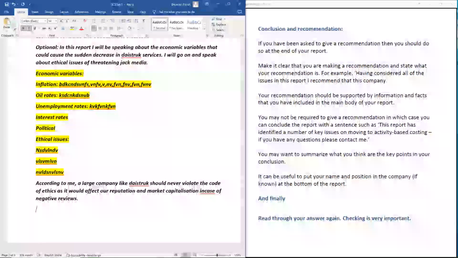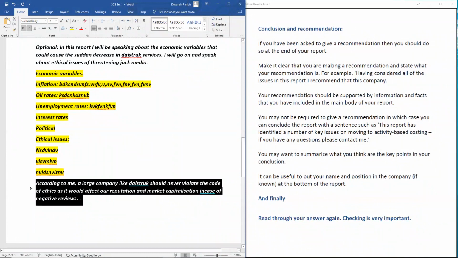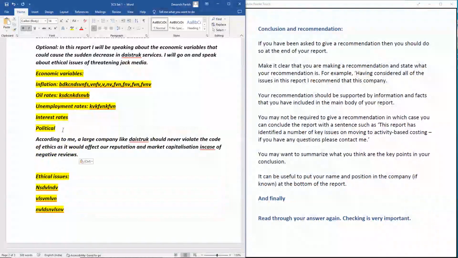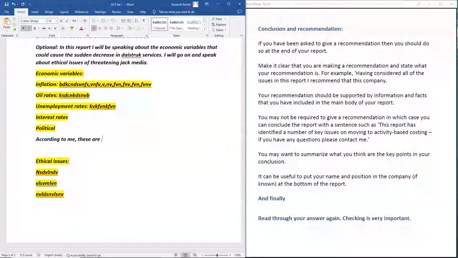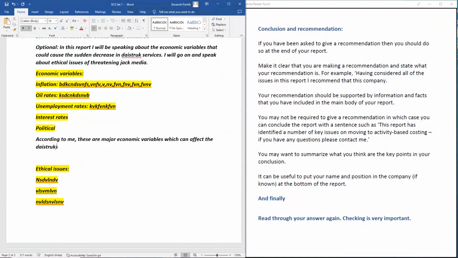This is your conclusion for task number 2. Same way, you should give me a conclusion for task number 1, saying that according to me, these are the major economic variables which can affect the Daystruck's services.